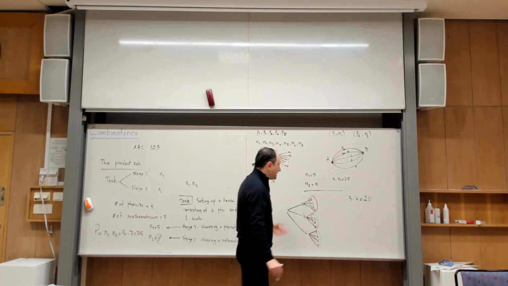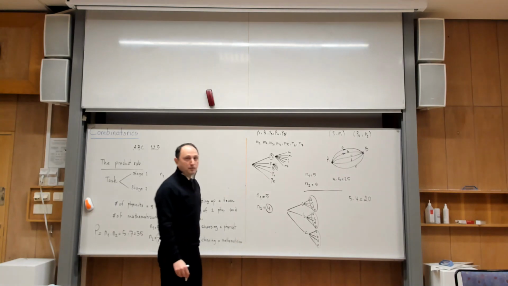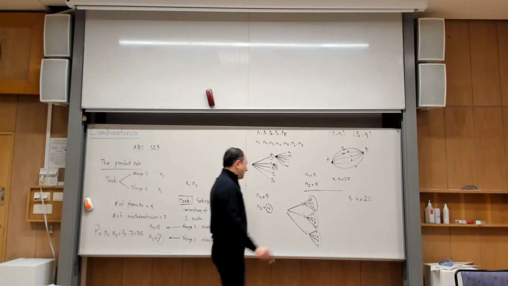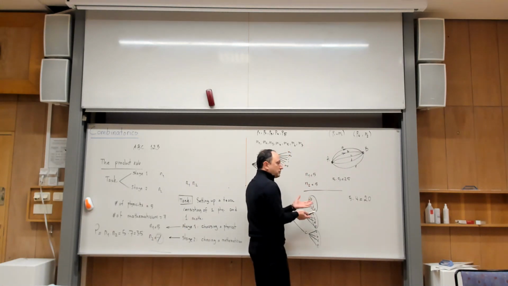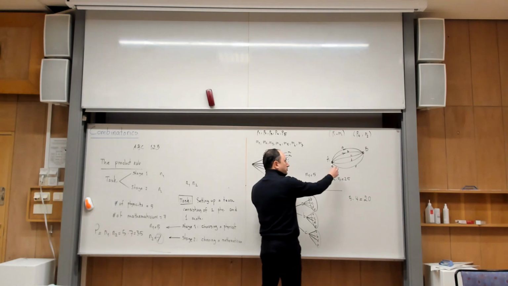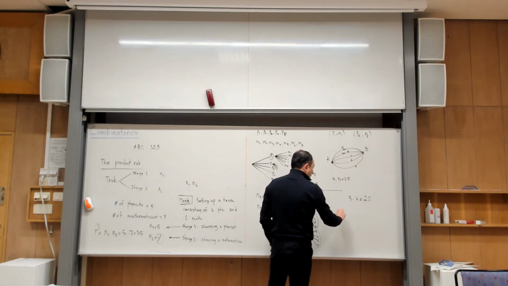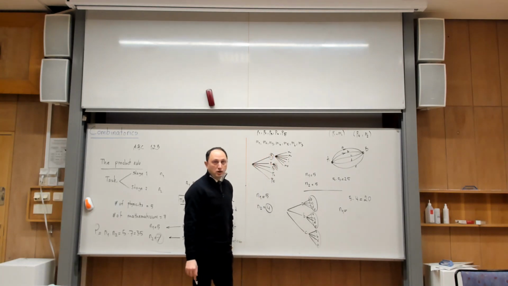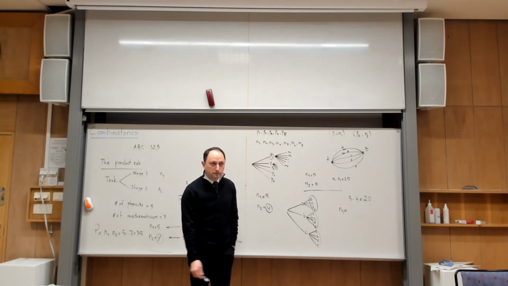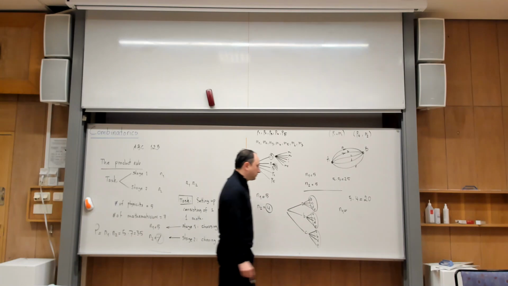Okay, now let us see if the product rule is applicable or not. Let me ask you again, I have the same task. I have 2 stages. Stage number 1, choosing a road for going from A to B. So how many options are available for task number 1? Yeah? Still 5.